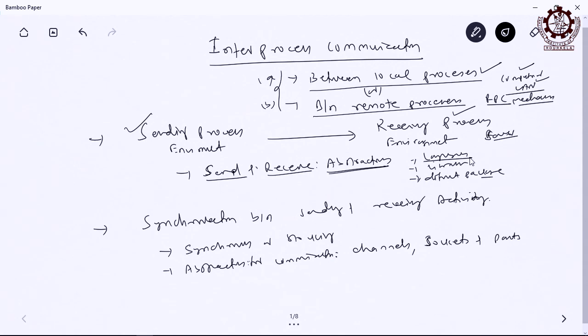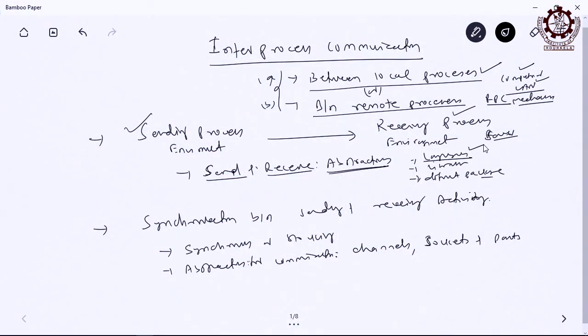What is language level? If any language supports these abstractions in the form of a library, that is one way of implementing the send and receive abstractions. For example, C++ or Java. They have inbuilt libraries, that is one way of implementing the sending and receiving operation.